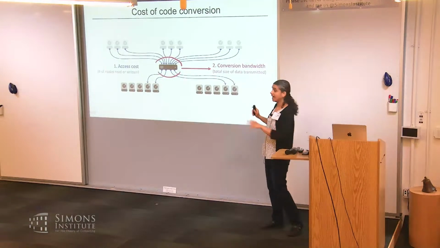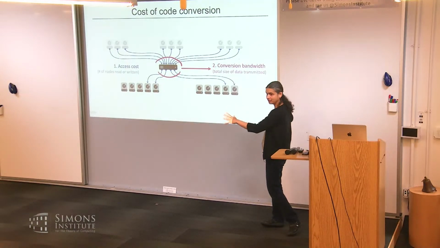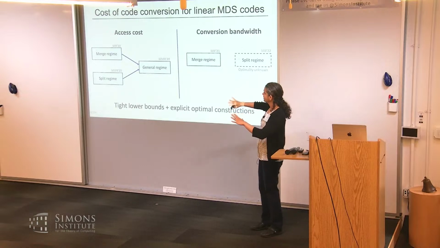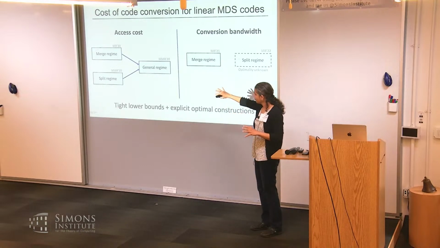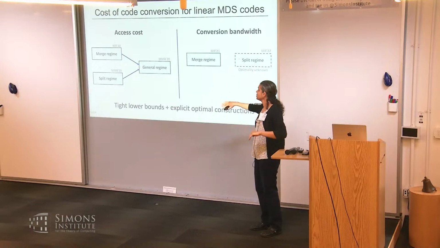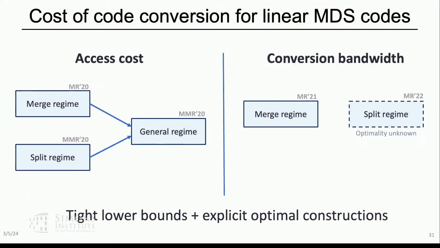Okay. So access cost and bandwidth cost. On the access cost side, there are works looking at, again, as I mentioned, these different classes of types of conversions: merge regime, split regime, and the general regime, with tight lower bounds and some explicit optimal constructions. And on the conversion bandwidth side, the merge regime is much better known.